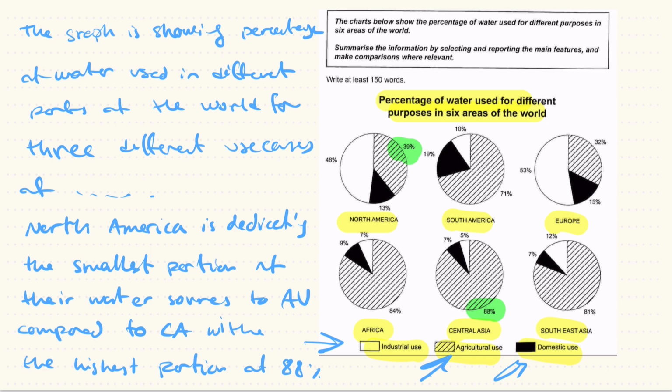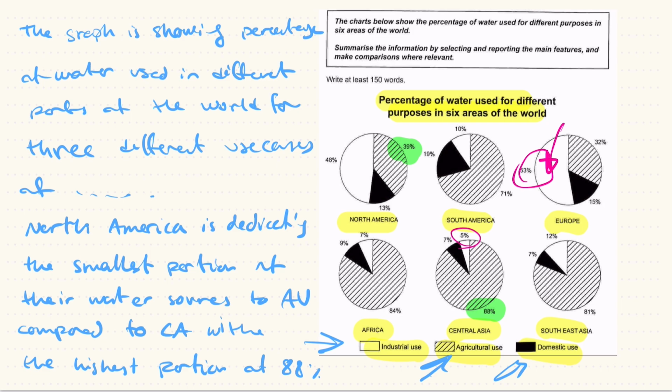So for example, looking at it, Europe has the highest portion for the domestic use here with 53%. And then Central Asia is the smallest for the domestic use with 5%. So we only need to write that one out.